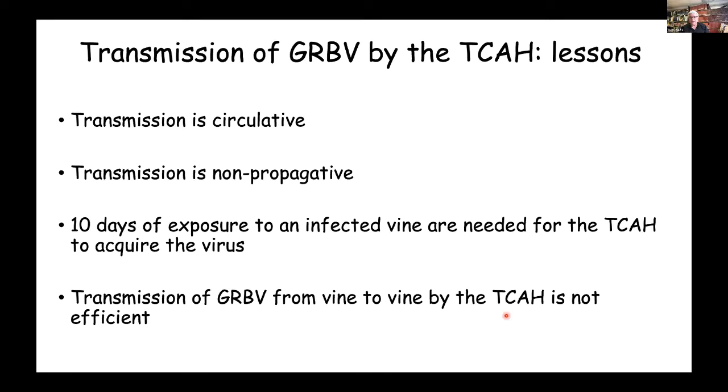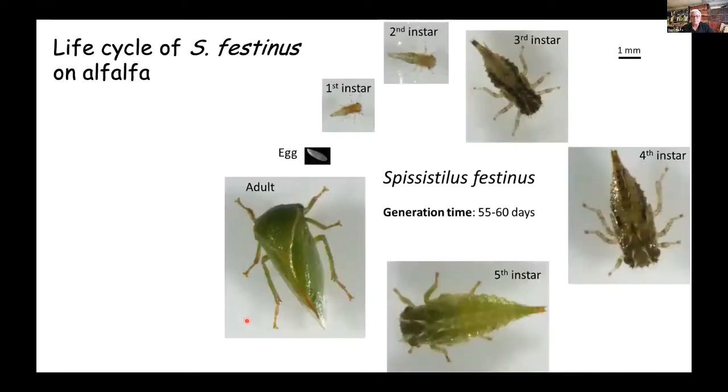They can move freely, and I'm pretty convinced that by hopping from infected vine to infected vine, more so if in an aggregated area you have many diseased vines, there is ample time for the virus to circulate much faster than 10 days as documented here, to move faster within the body of the insect. And transmission of the virus from wine grape to wine grape is not efficient whatsoever.